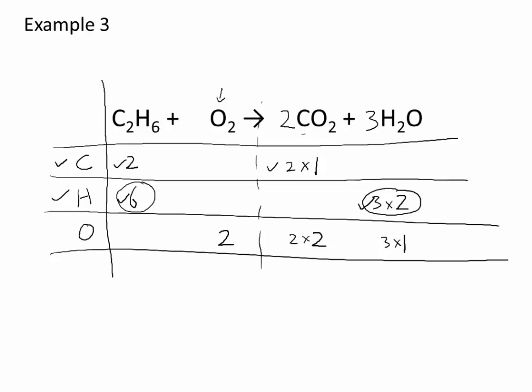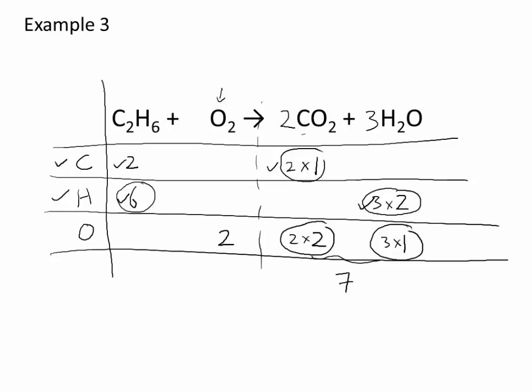Now because you have already balanced the carbon for the CO2, so the oxygen below you cannot change anymore. You multiply any number at the bottom, the carbon will be affected. Likewise for this, you already multiply 3 to the hydrogen, so this also times 3, and this number also cannot change. And these together they are 7. 2 times 2 plus 3 times 1 is 7.